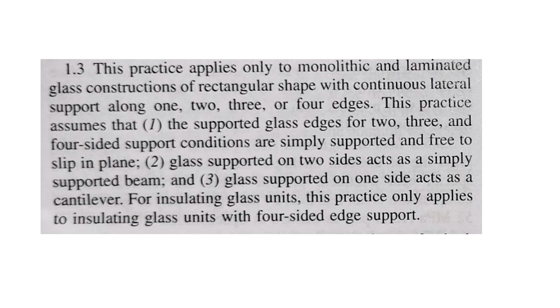This practice assumes that 1, the supported glass edges for 2, 3, and 4-sided support conditions are simply supported and free to slip in plane. 2, glass supported on 2 sides acts as a simply supported beam, and 3, glass supported on 1 side acts as a cantilever. For the insulating glass units, this practice only applies to insulating glass units with 4-sided edge support. Okay.